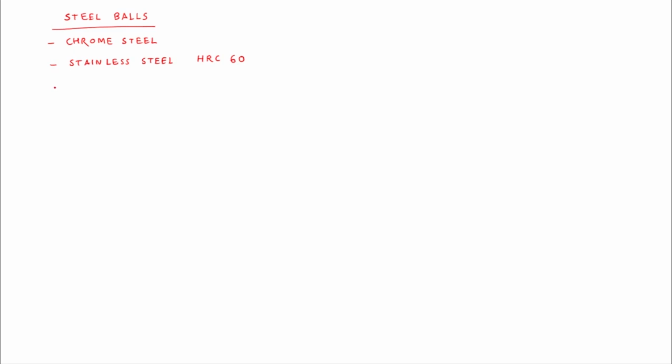The steel balls are manufactured from a circular rod. That rod is cut into pieces. The pieces have a fixed length. Then a lubricant is applied, and then we carry out the heading operation.